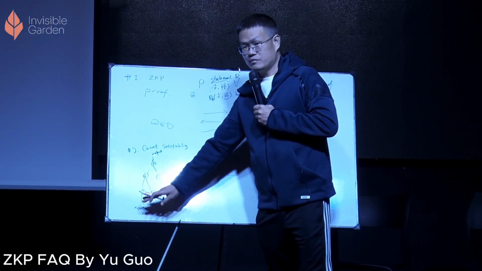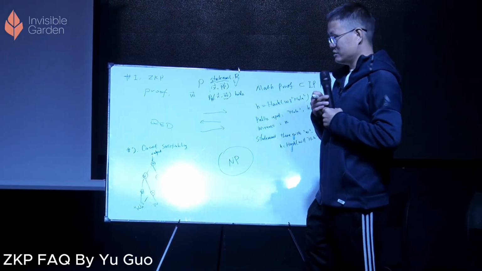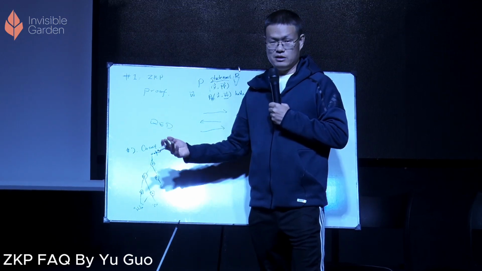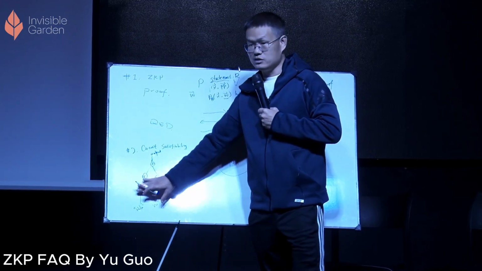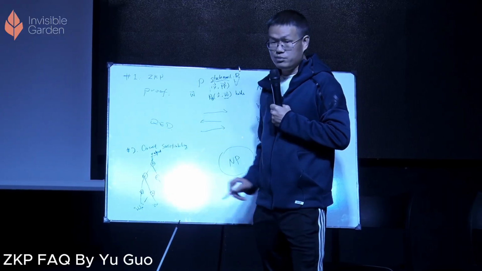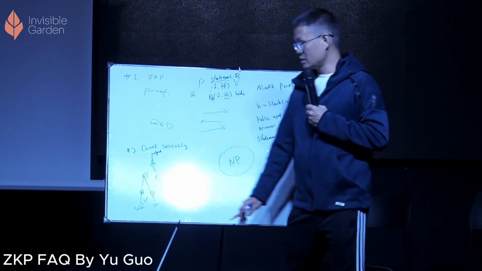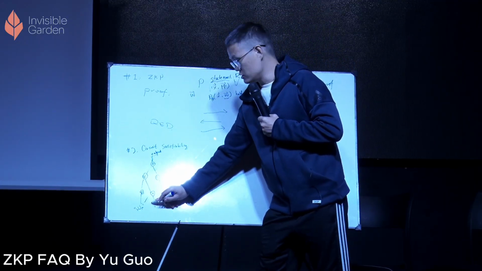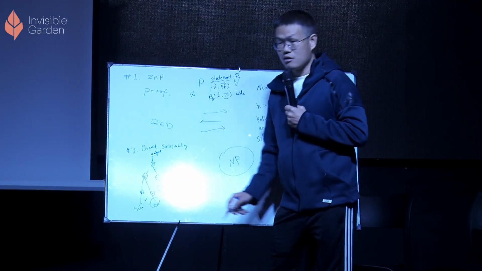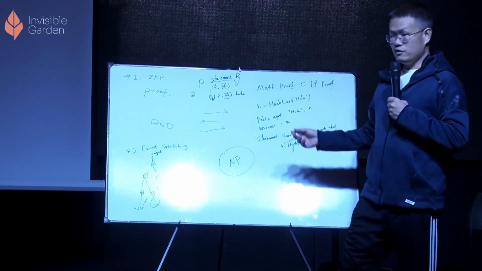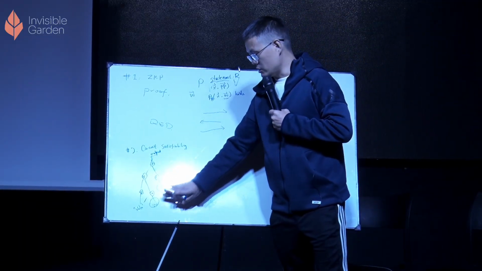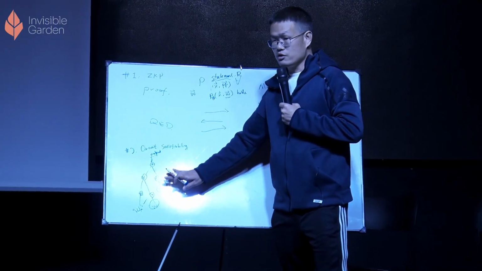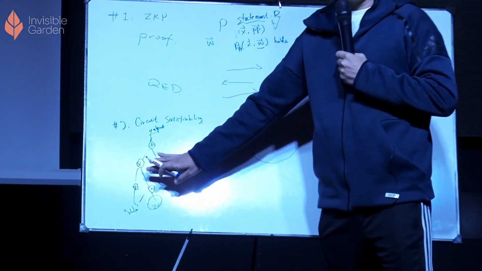Then me, as a prover, I put the inputs, both public inputs and private inputs or witness, into the circuit. Then basically we can calculate the output, as little h there. But for the verifier, without knowing W and C, how can the verifier ensure that this circuit is satisfiable or not?